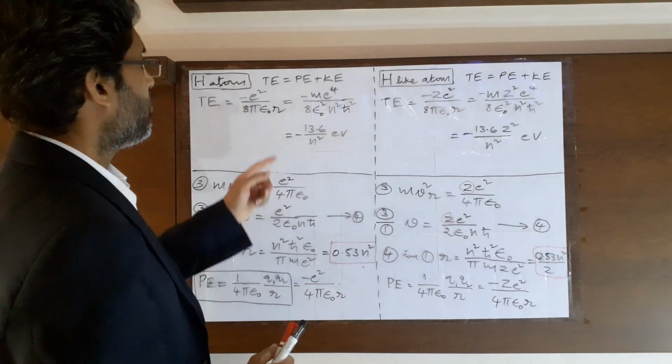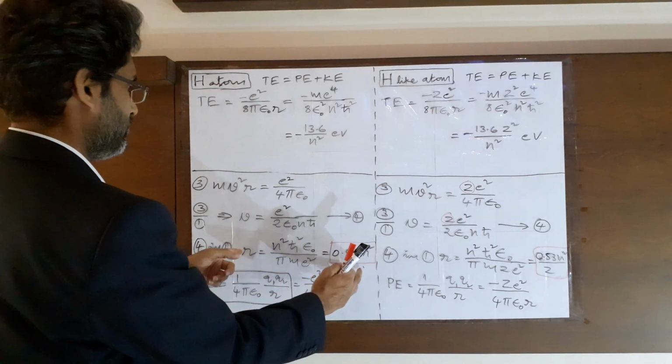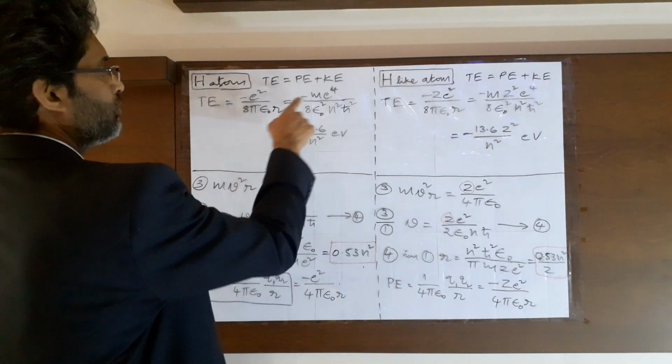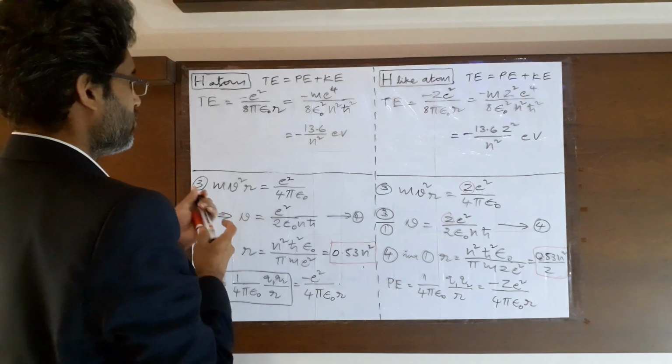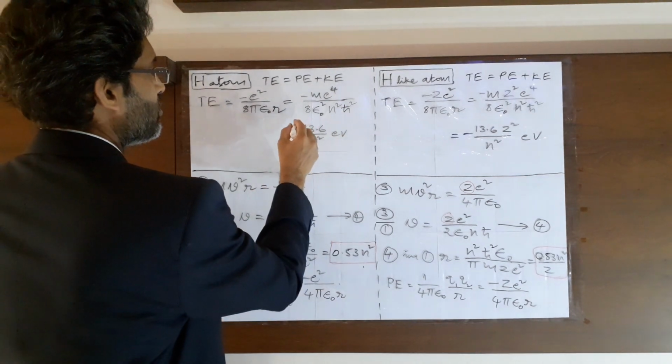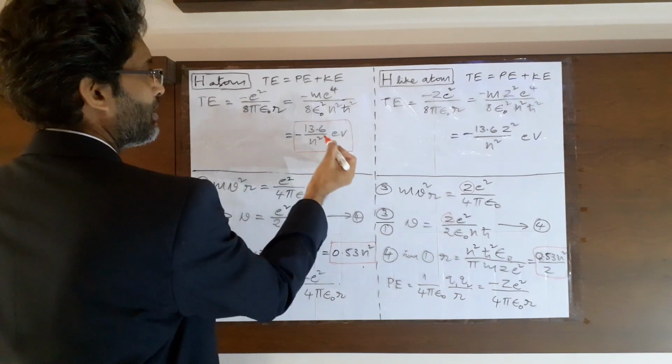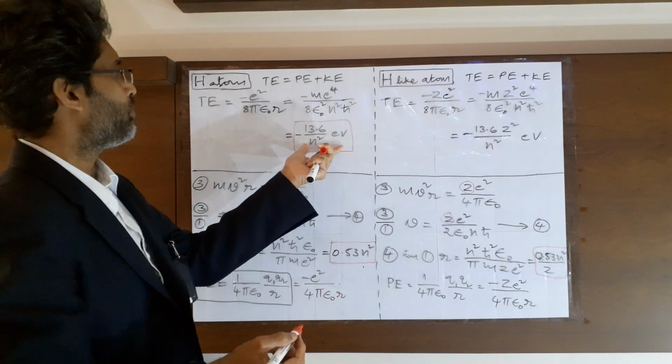Now putting that radius value here from this equation, the total energy becomes this much, and you need to remember that total energy is always equal to minus 13.6 by n square electron volts. This is a very important relation.